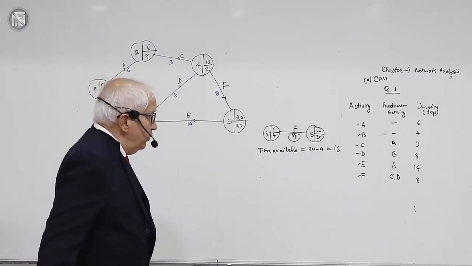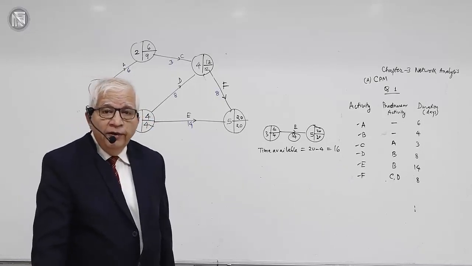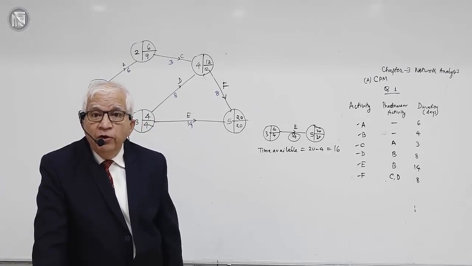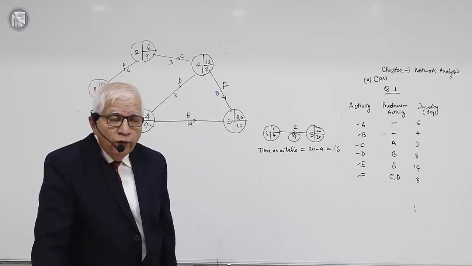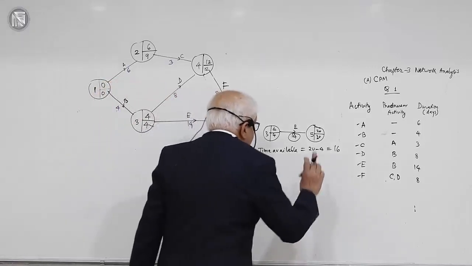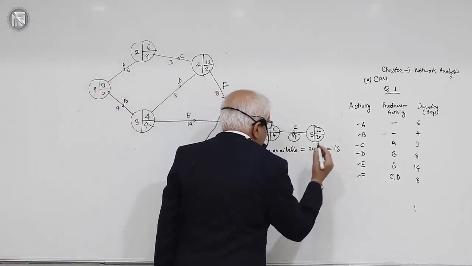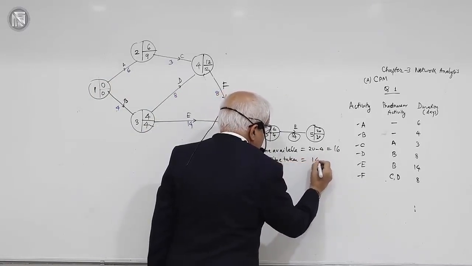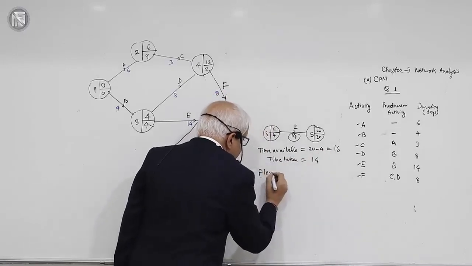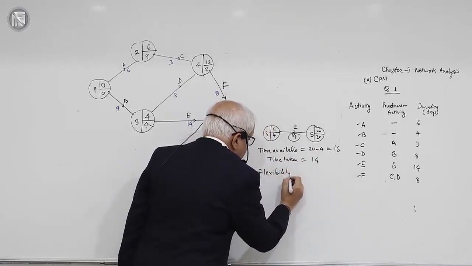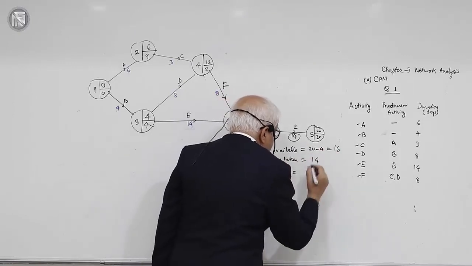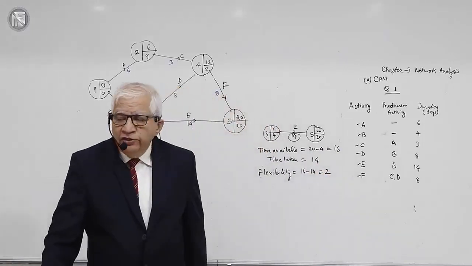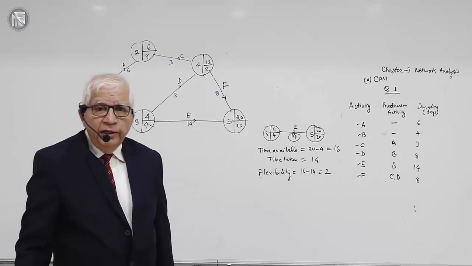So this difference between 16 and 14, 16 is time available, 14 is time actually taken, represents some kind of freedom or flexibility associated with activity E. And how much is that? Flexibility is equal to time available minus time taken, that is 16 minus 14, that is 2. The flexibility available in respect of activity E is 2 days.